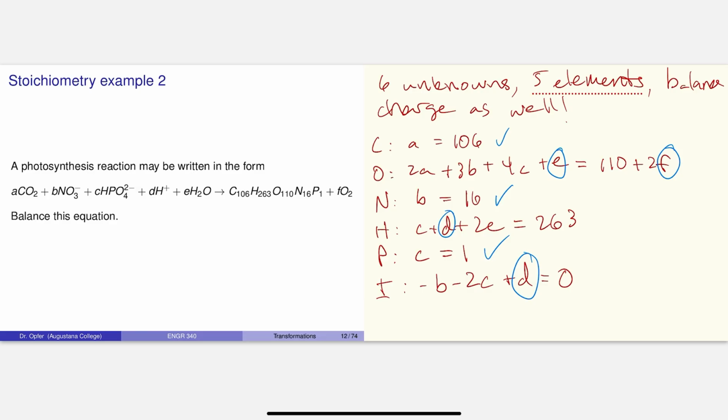I'm not going to go through that algebra because I'm just going to plug it into the computer. And what you find is D has to be 18, E has to be 122, and F has to be 138.